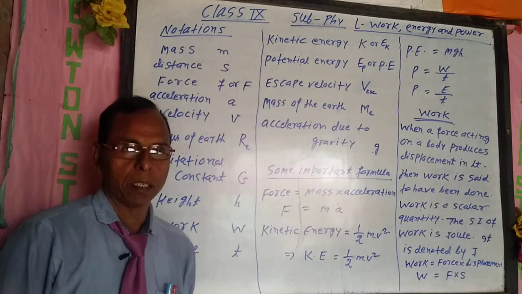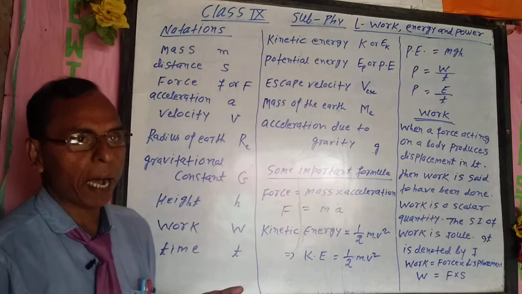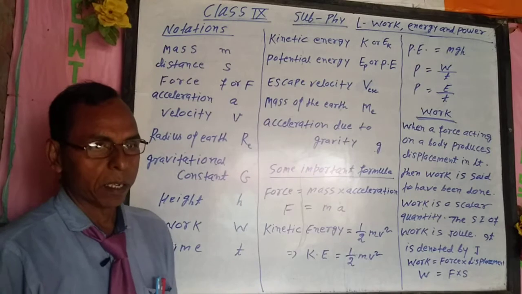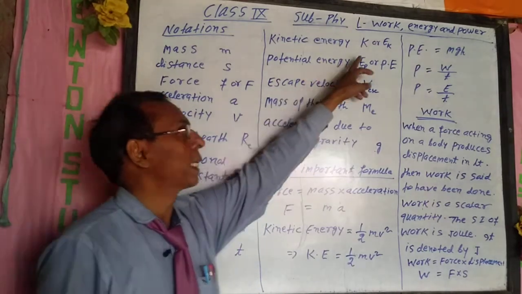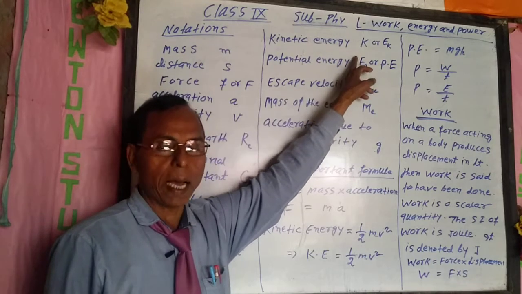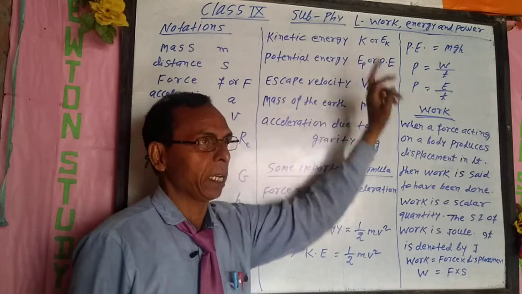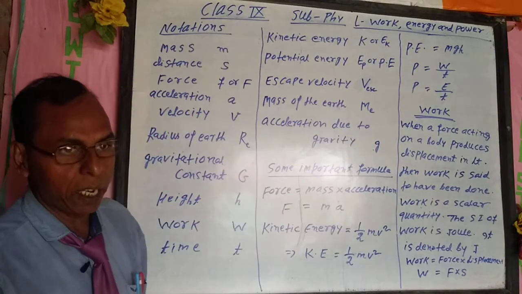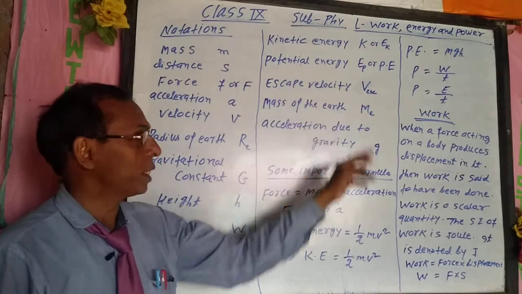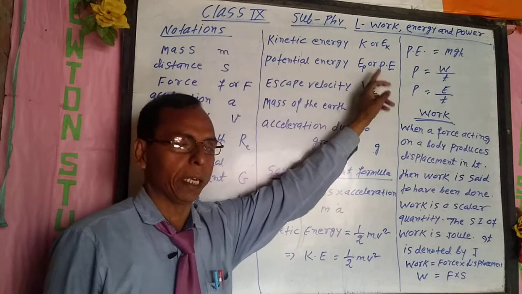Kinetic energy is denoted by the letter K or EK. Potential energy is denoted by EP or PE.